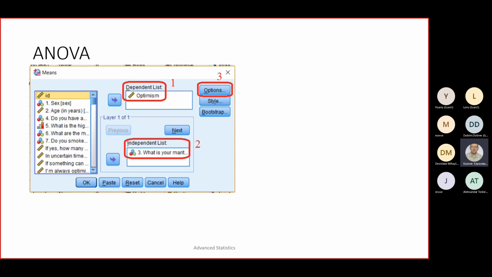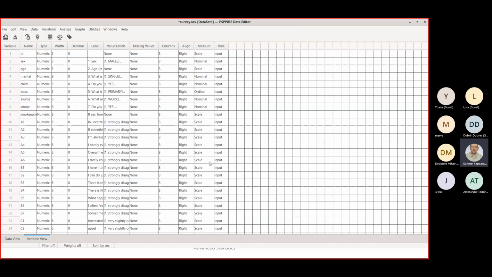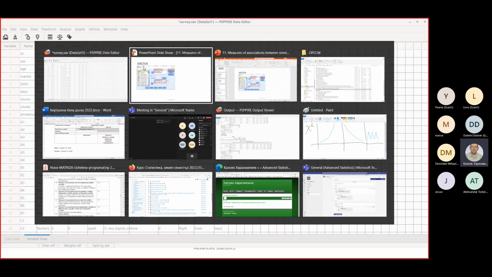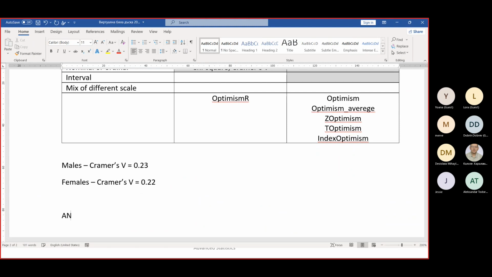So let's make this analysis in PSPP. So I will choose analyze, then compare means, then ANOVA. Why ANOVA? Because the method here is called analysis of variance.